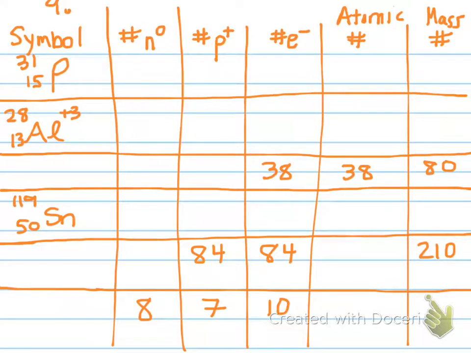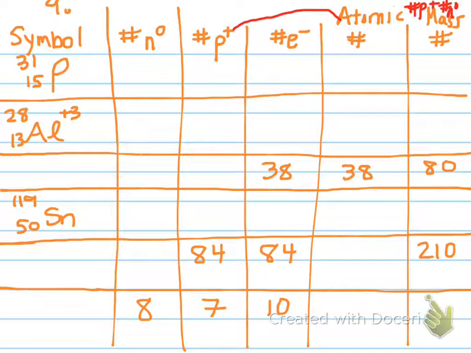The next one I want to look at is number 9 that asks you to complete the following table. So a couple things to remember here, right? The number of protons and atomic number are the same. Our mass number is our number of protons plus our number of neutrons.